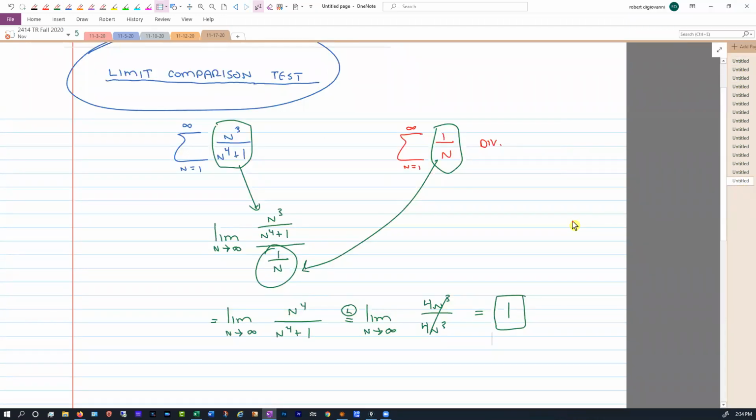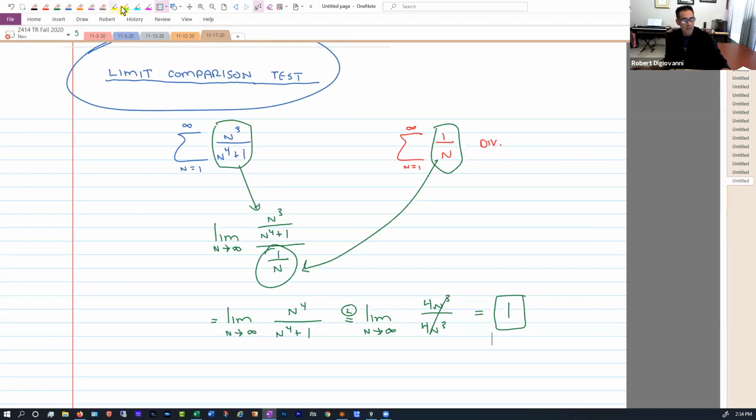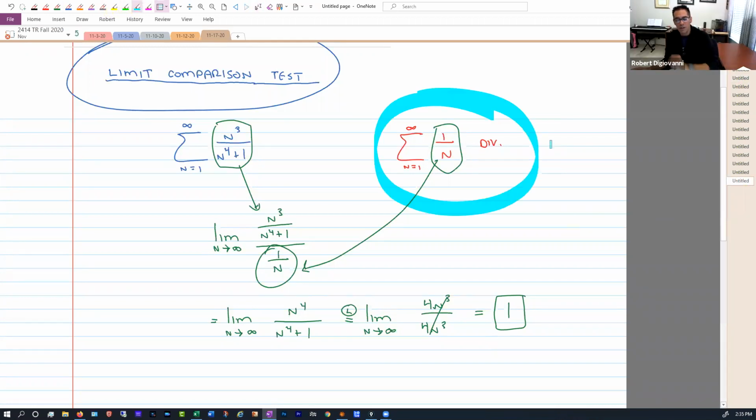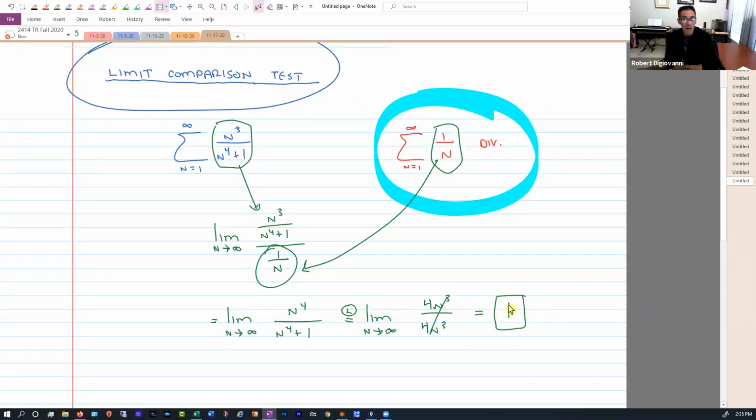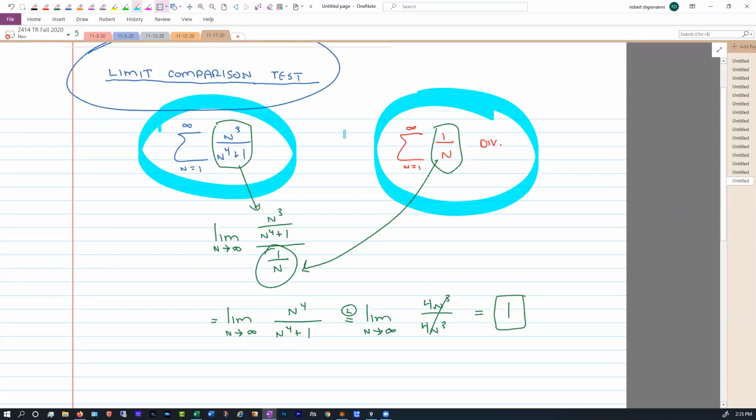They diverge. They have to, because we know what this one does. That one diverges. This result being a positive real number means that whatever one does, they both do. So that means the other one must also diverge. Wasn't that nice? It was beautiful.